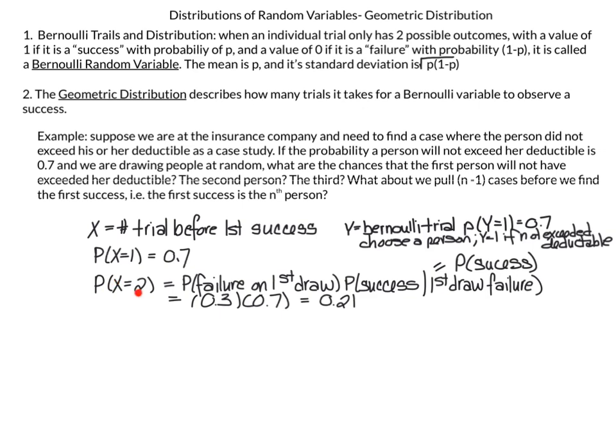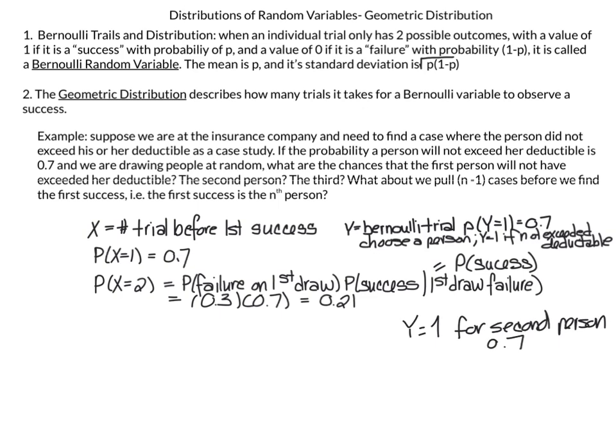So probability x equals 2: the probability of failure on our first draw is 0.3, and then the probability of success is 0.7, which gives 0.21. And again, this is different from the probability that y equals 1 for our second person, because that probability is just equal to 0.7.